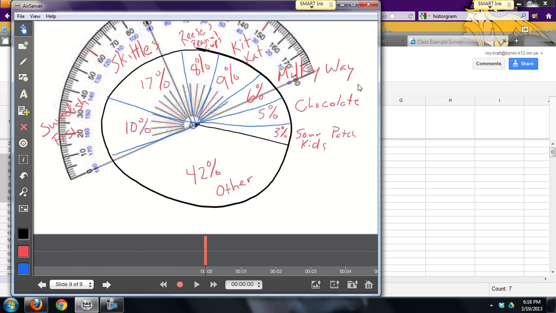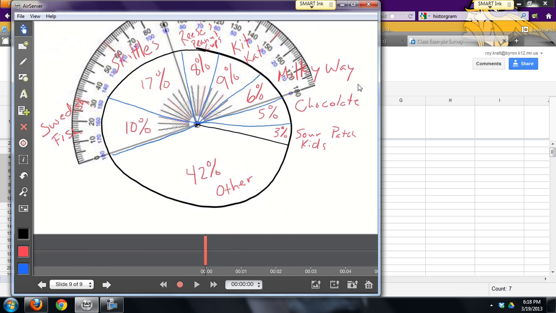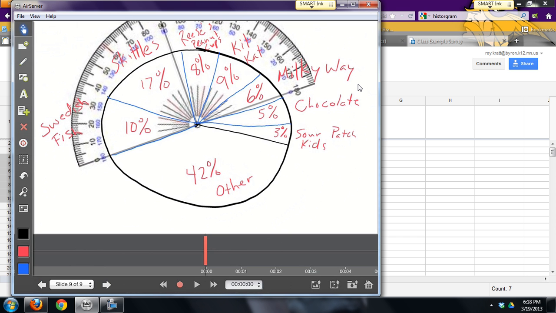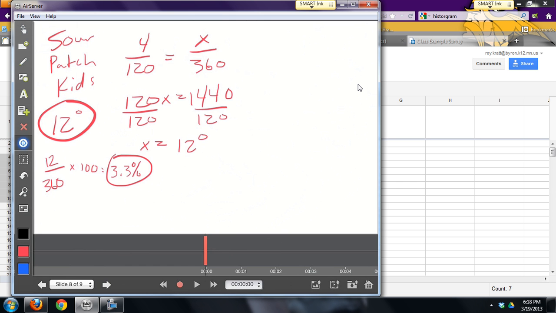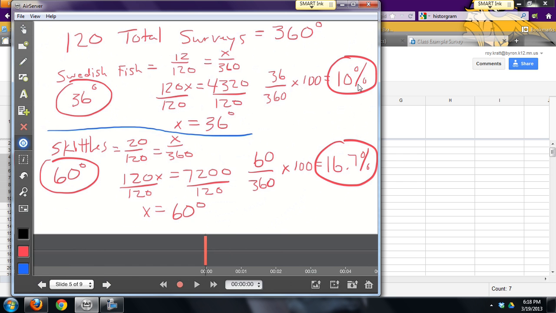You want to line it up just right and be as careful as you can. Notice right here in the center, I lined up the center of my protractor. If you remember, we go back to our work: I have 36 degrees here for Swedish fish.